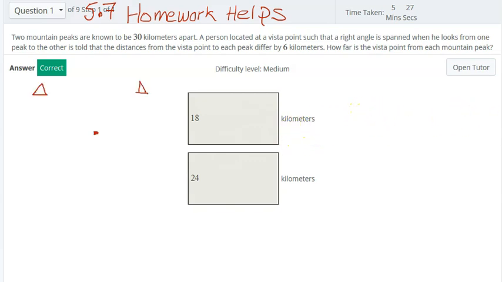So for something like this, again, as I read it, I wondered, well, what's going on? I had to draw two mountain peaks and then an observation point. And this observation point is at right angles to the mountain peaks.